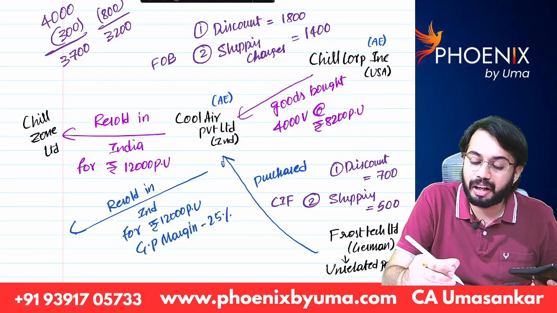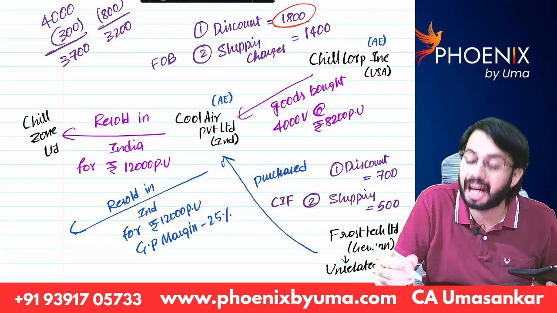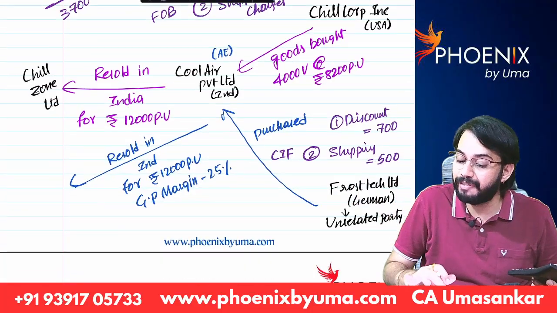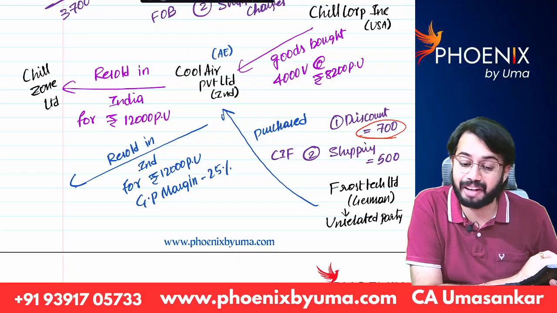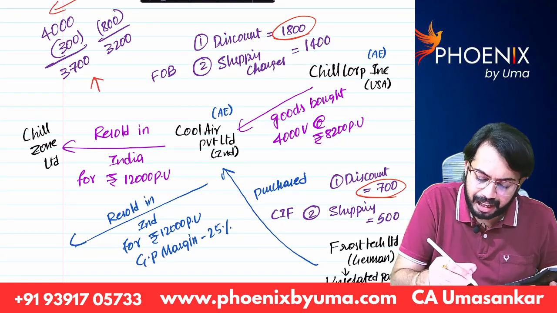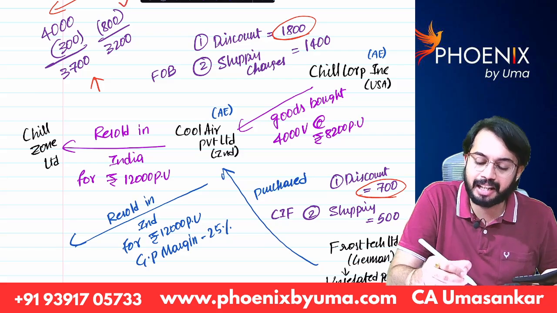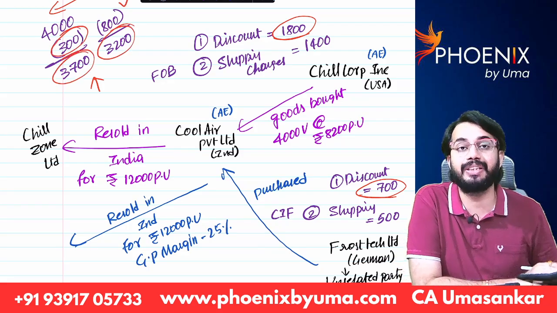So whenever discount increases, price decreases. So here, whenever you are buying goods from the related party, the discount is higher, 1800 rupees. But whenever you buy goods from the unrelated party, the discount is only 700. Whenever discount decreases, price will increase. 800 discount, price 3,200. 300 discount, price 3,700.